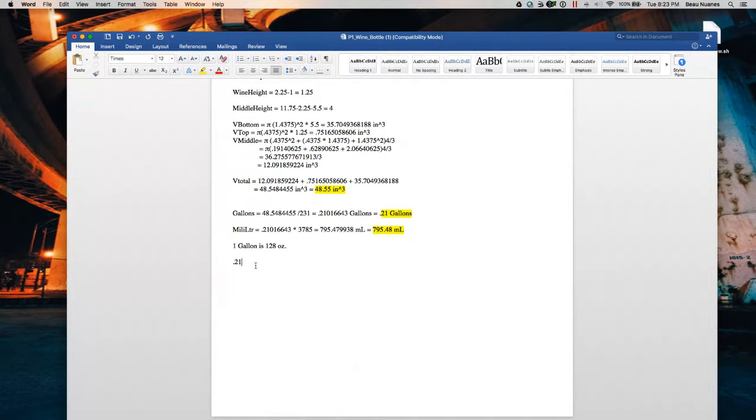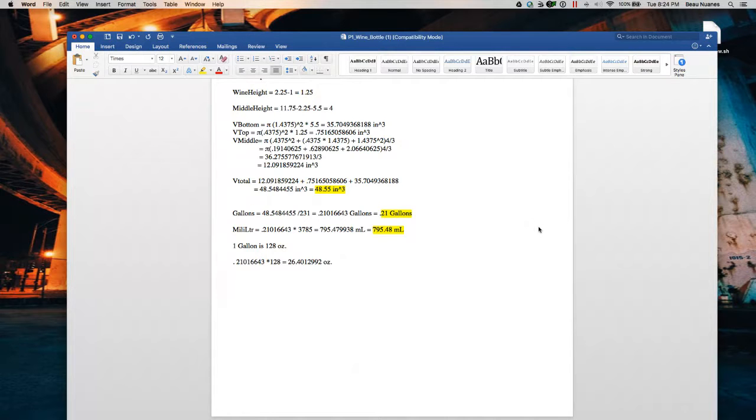Then you take 0.21, the number of gallons you had, and multiply it by 128 to get the number of ounces, and that comes out to 26.401292 ounces.